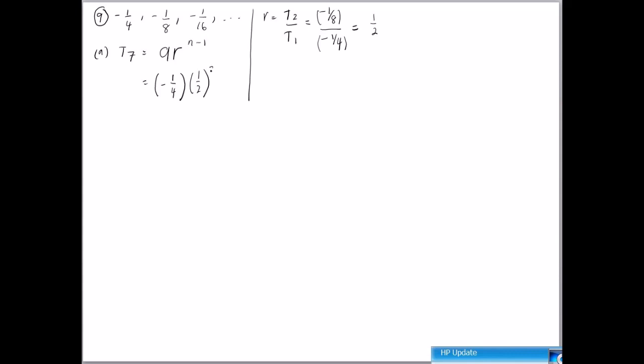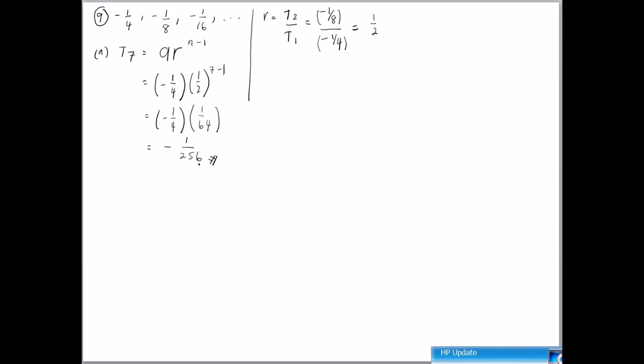Our n is 7 minus 1, which is 6. So calculate 1 over 2 power 6, putting 1 over 2 in bracket. You should get 1 over 64. And then multiply by -1 over 4. The final answer is -1 over 256.